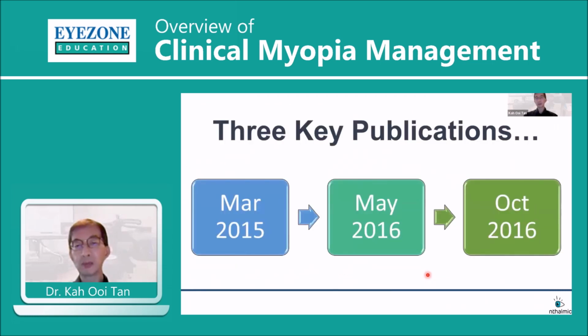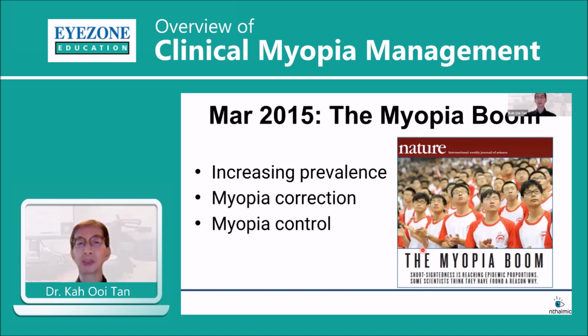So coming back to this profession, myopia management actually started a couple of years ago, especially in March 2015, followed by a few publications in 2016. The first one was published in the reputable journal called Nature, entitled The Myopia Boom.